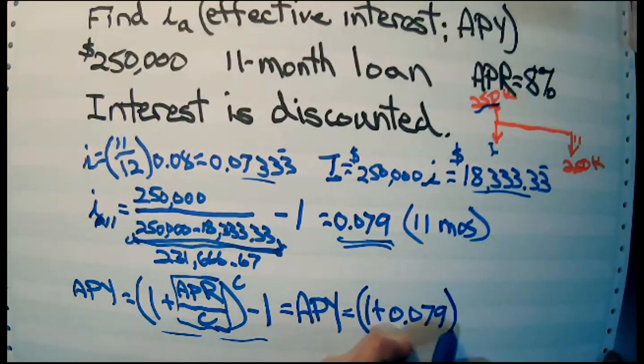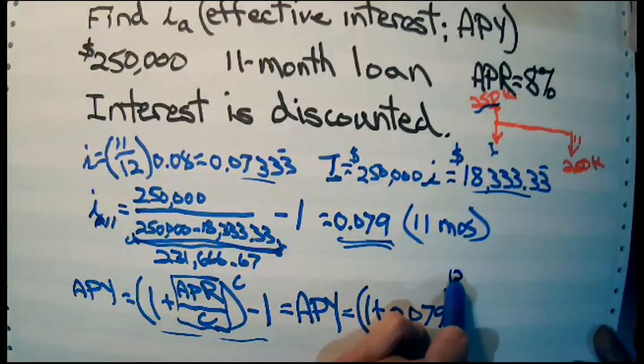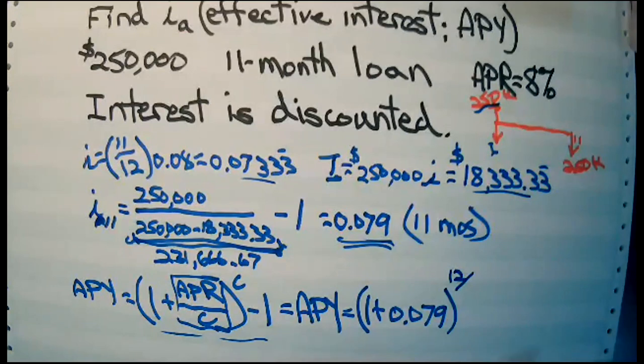Now here's where it gets a little bit tricky. The power to which you take this is going to be 12 divided by the number of months of the loan, 12 divided by 11. So that will always be the case.